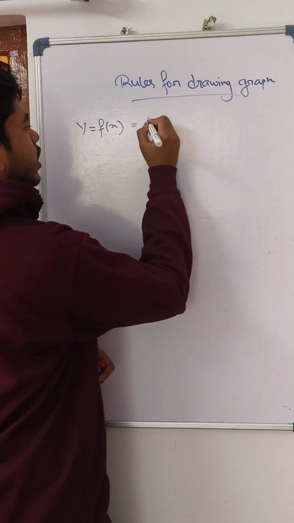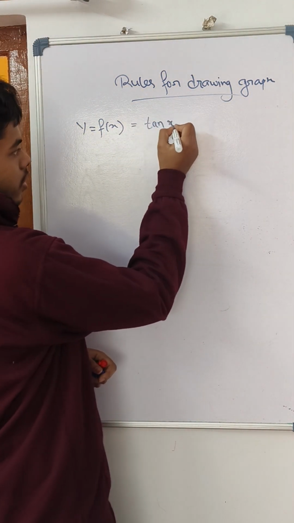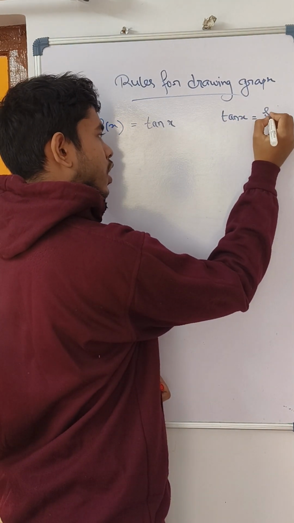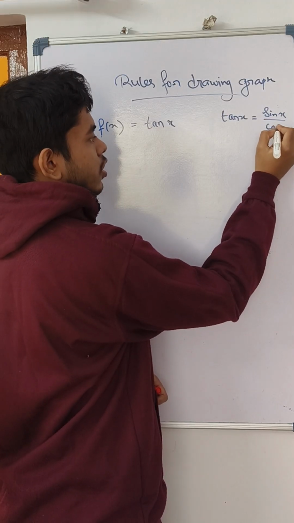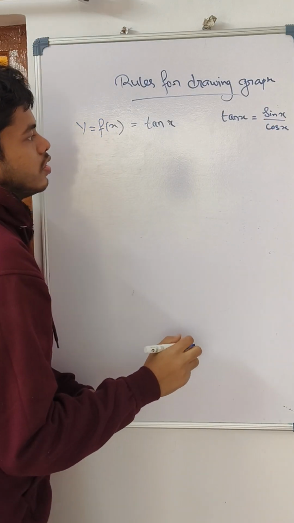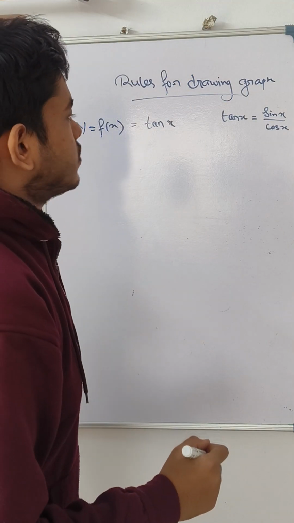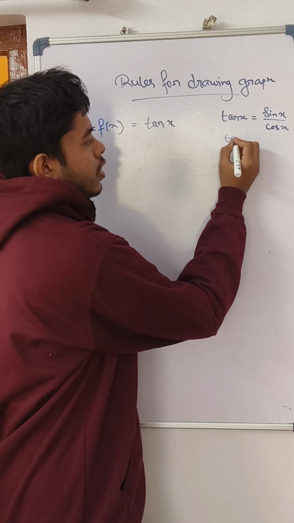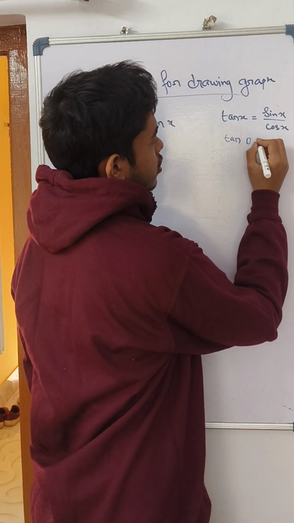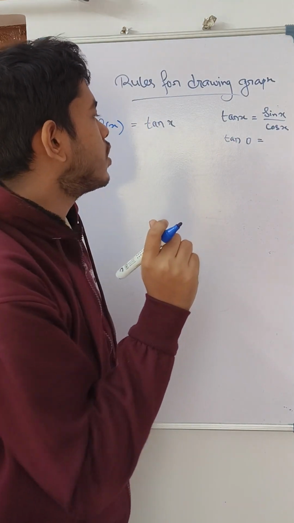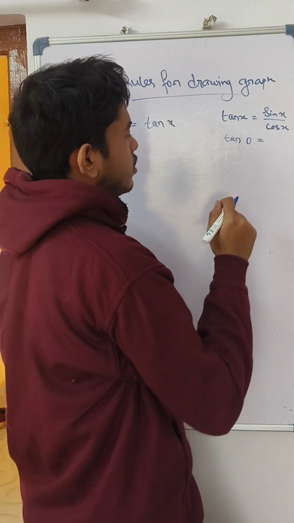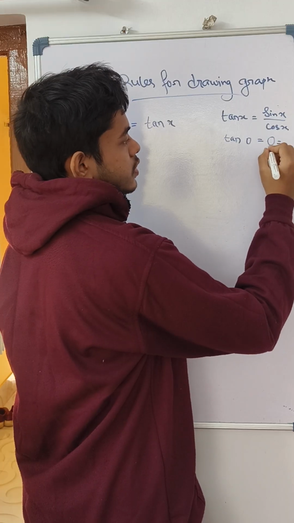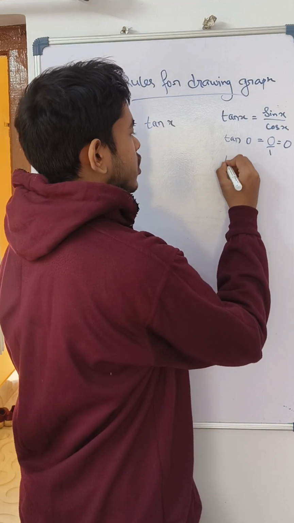Now let's draw tan x. Tan x is equal to sine by cosine. Okay, so tan 0 is 0 by 1, which is 0.